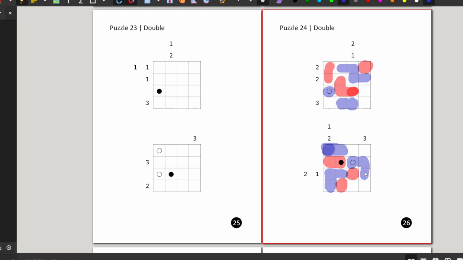Yeah, we've almost finished that blue path. So either it's down here, and the red path is here, or the blue path is here. Basically, the blue and red are just taking opposite corners here.